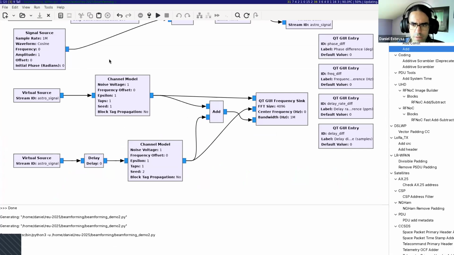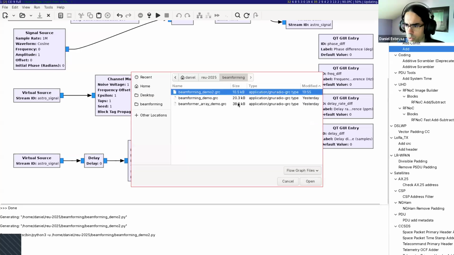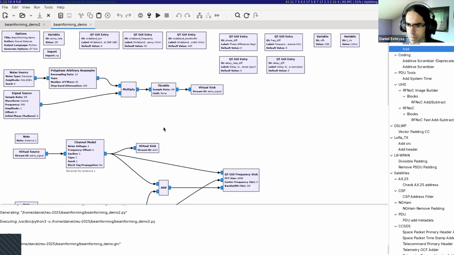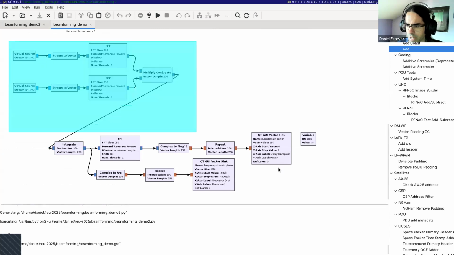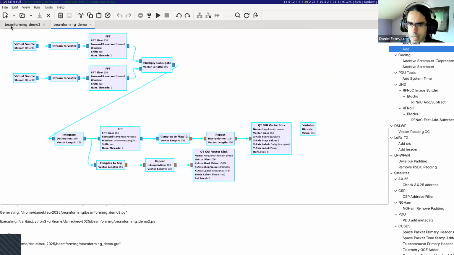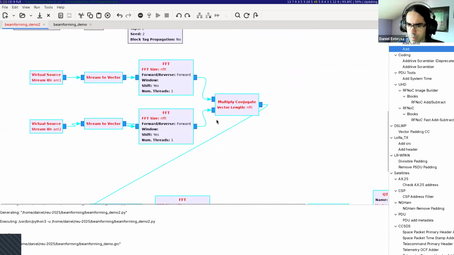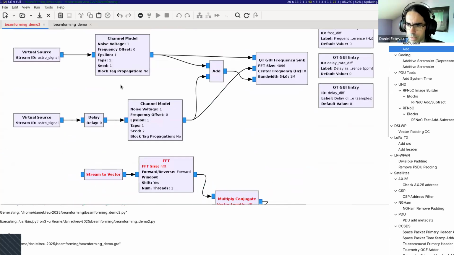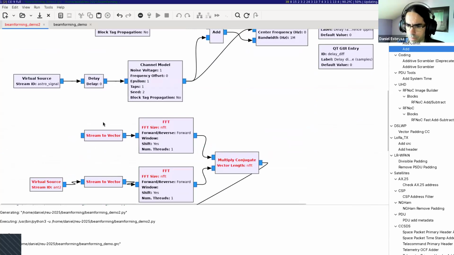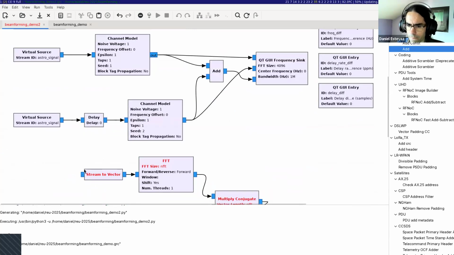And maybe to save some time, I'm going to open this and copy and paste part of the flow graph, which is the final part, and then explain. And I'm going to connect it like this and like this.